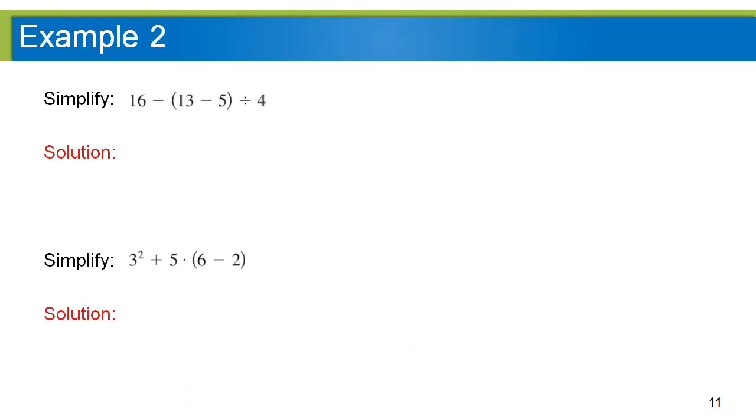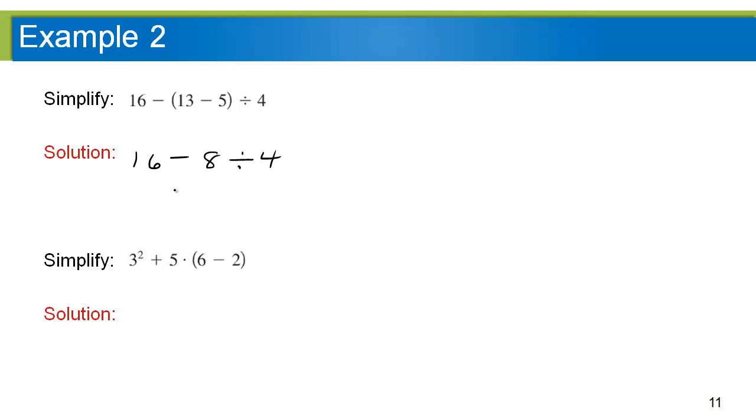All right, let's look at a last couple that might hopefully be a little bit more advanced to challenge you a little bit, but probably not. This is pretty basic stuff. So what we do first, inside the parentheses, right? 16 minus, well, now we've got 13 minus 5 gives us 8, and then we still have divided by 4.